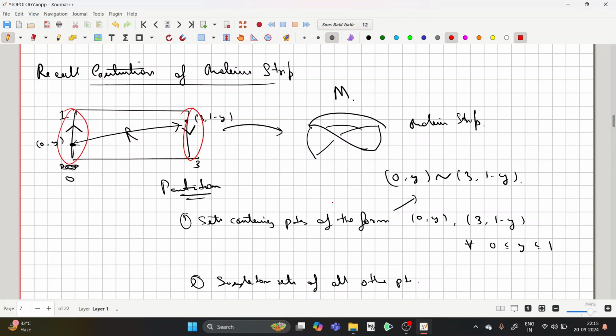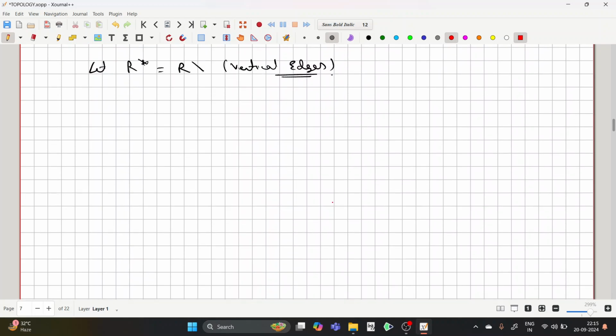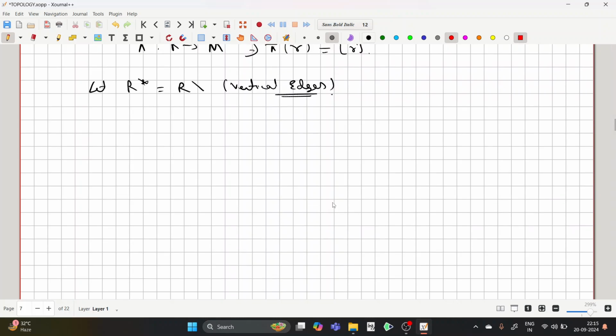You can easily observe that every point except the ones on these vertical edges, suppose I choose a point r here, this point r will get mapped to the singleton set {r} in M. And clearly then this map is injective. So the map π restricted to R star is injective.